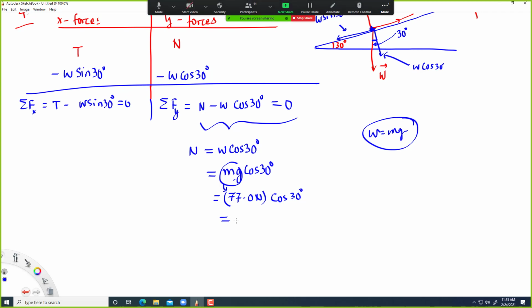That will give you N, which is 66.68. We have two significant figures in the question, so that means you can write 67 Newton.